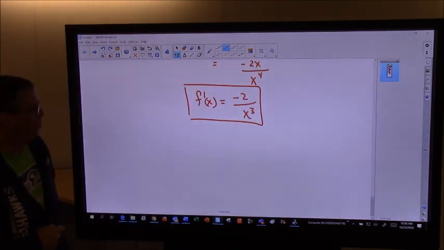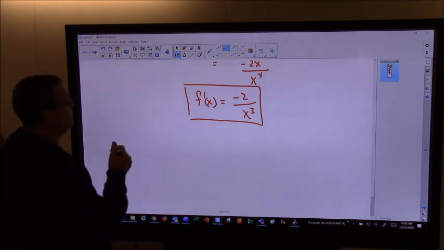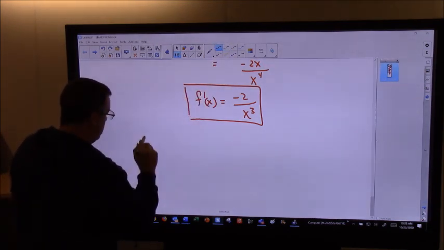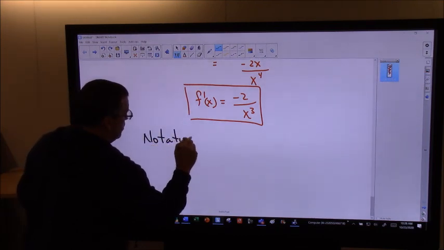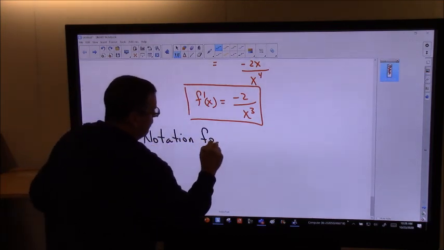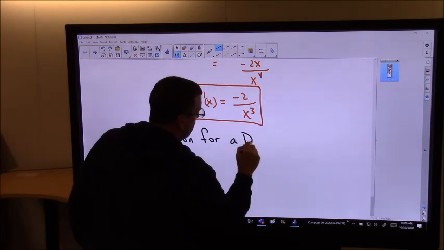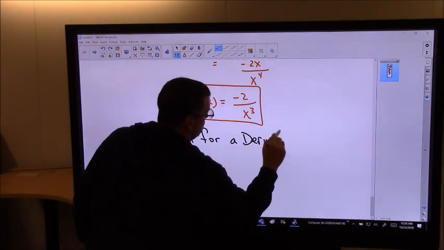All right, so one more thing that I want us to write down, and that is the notation for a derivative.